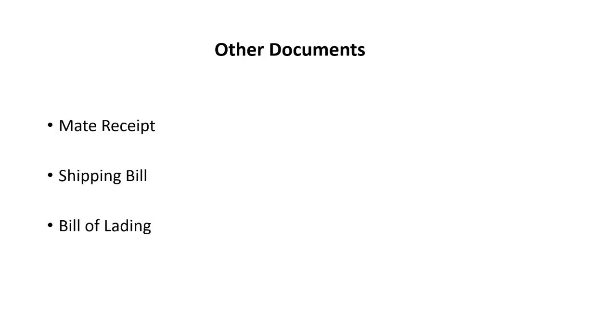Along with these documents, other documents are also important. That is, first one, mate receipt. When the goods or cargo is loaded on board the ship, the captain of the ship or his assistant mate furnishes a document called mate receipt.